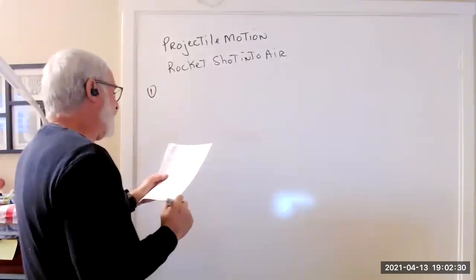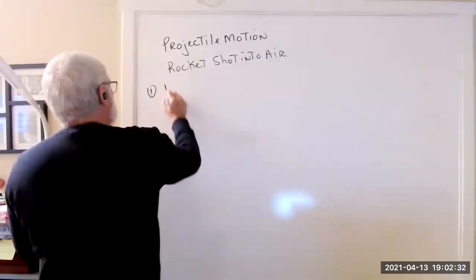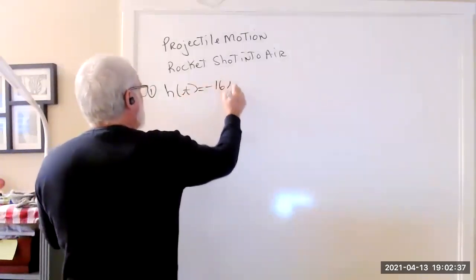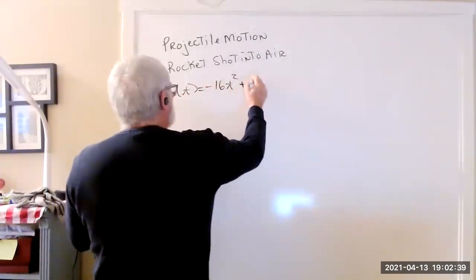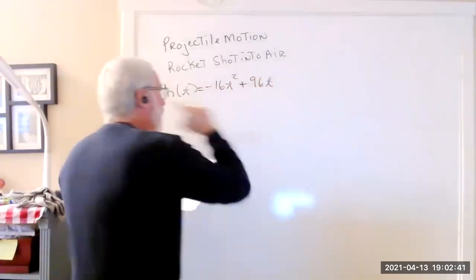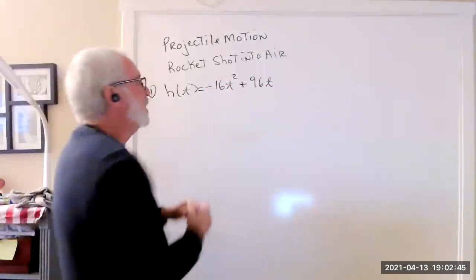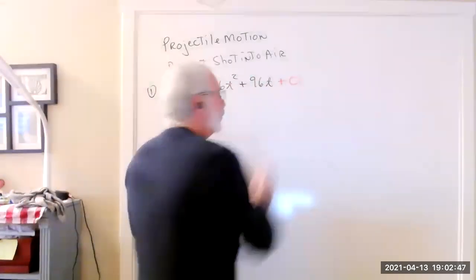Its height in feet is given by H of T equals negative 16 T squared plus 96 T. And because it said from the ground, technically there's a 0 out here.